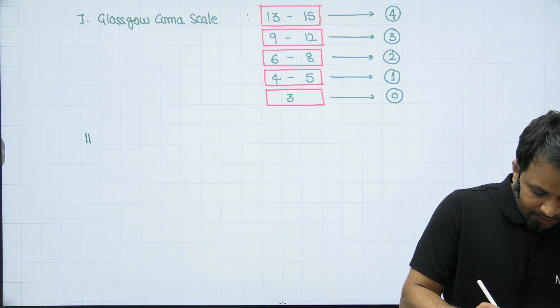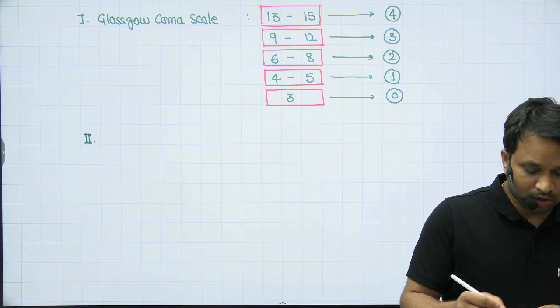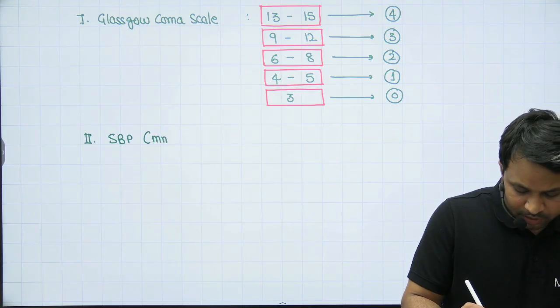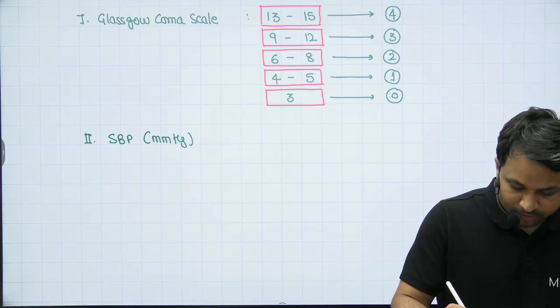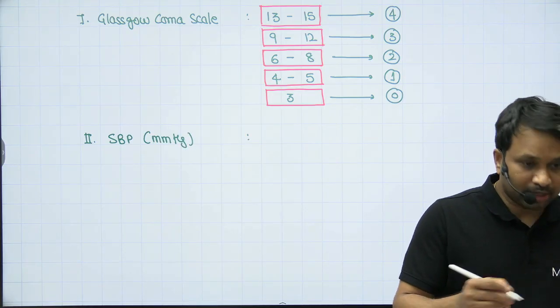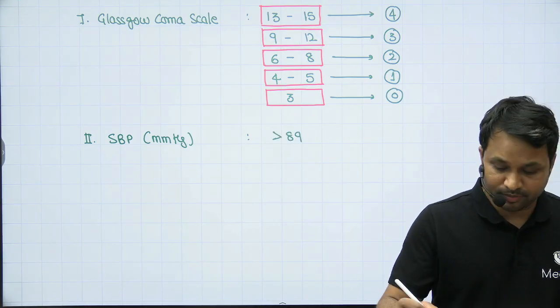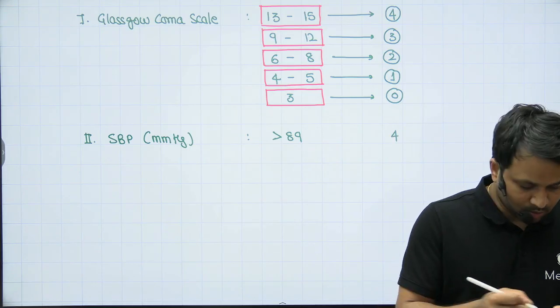The second thing that we will consider is going to be your systolic blood pressure. And this systolic blood pressure we'll look at in millimeters of mercury. Now on systolic blood pressure, if it is more than 89 millimeters of mercury, we give a score of 4.